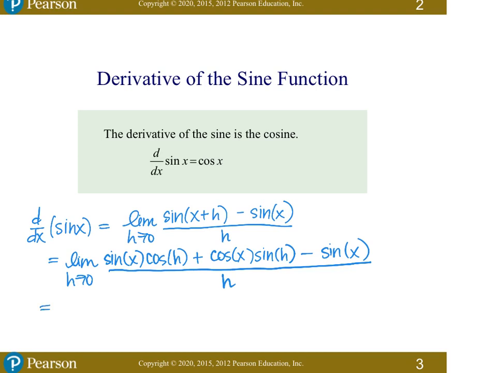So we're going to factor this equation. And what we notice is that the only thing this numerator has in common is a sine of x here and a sine of x at the very beginning.